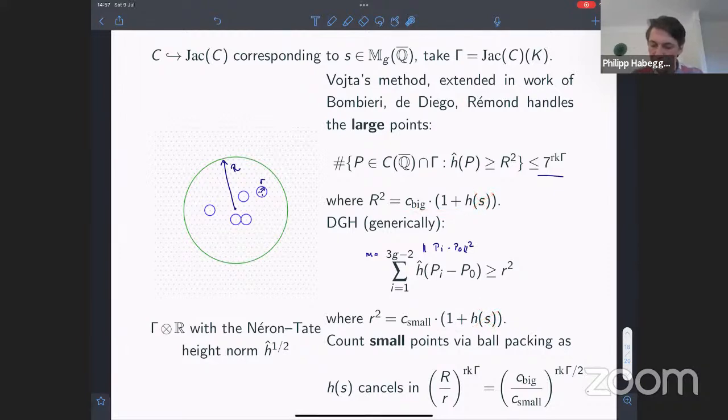So the quotient will just be the ratio of these two constants to some exponent, and these two constants just depend on the genus and the various choices of height functions that one made at the beginning of the proof, but not on the actual moduli of the point S itself. Okay, so that's how this height inequality comes into the picture in the proof.